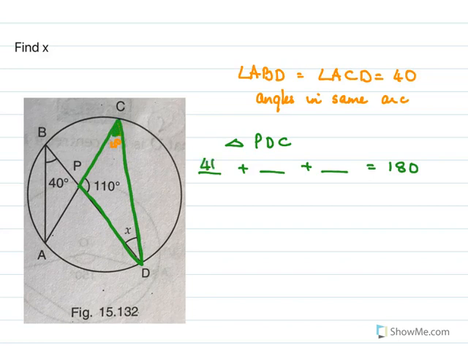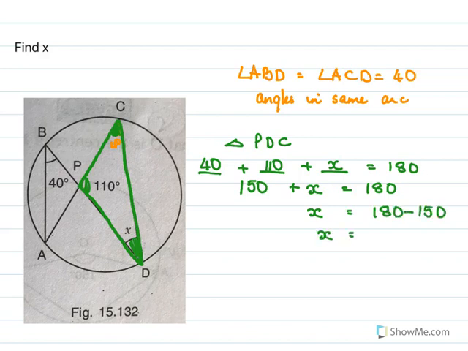One is 40, then one is 110, and one is x. So 150 plus x equals 180. So x is 180 minus 150. So x is 30.